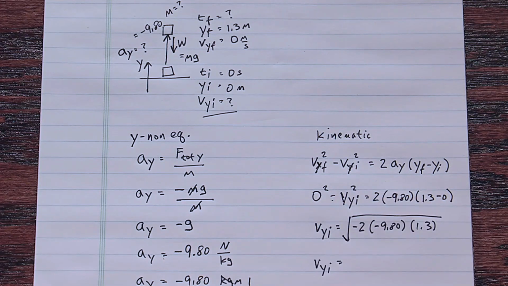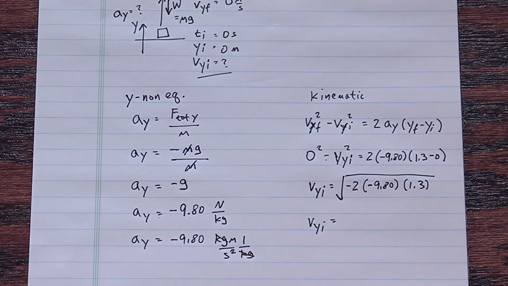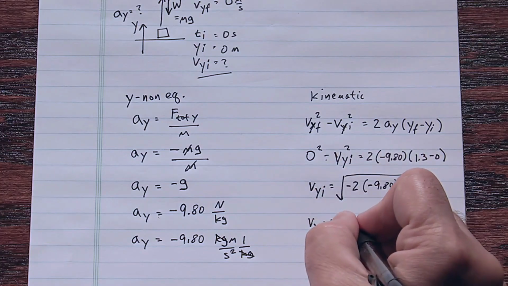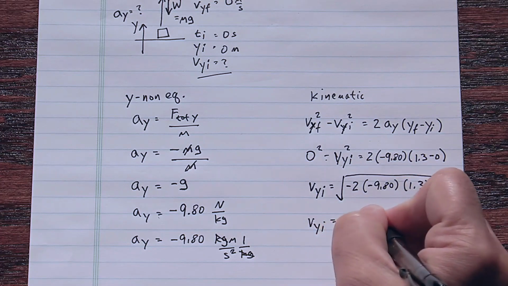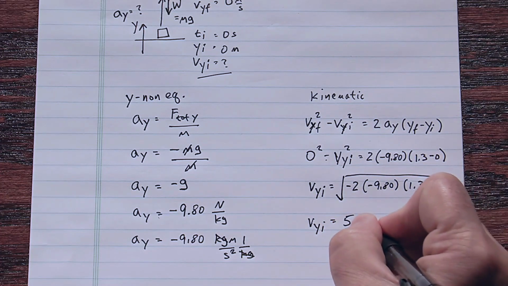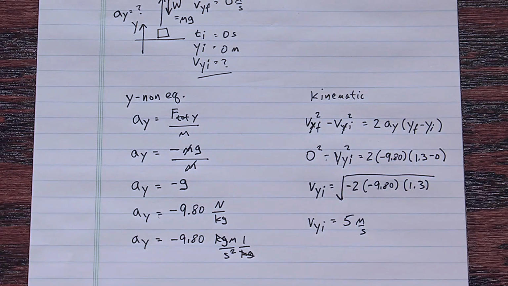And that tells us that Vy initial is equal to the square root of negative 2 times negative 9.80 times 1.3, and that is 5 meters per second, and we know that the units have to be meters per second.